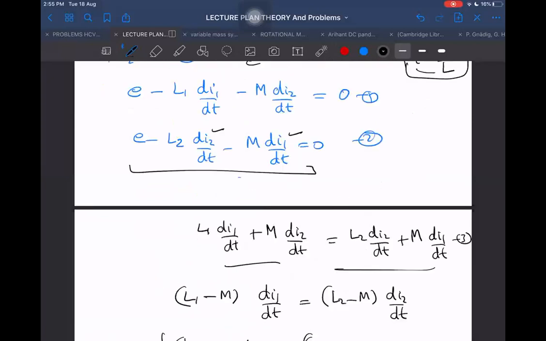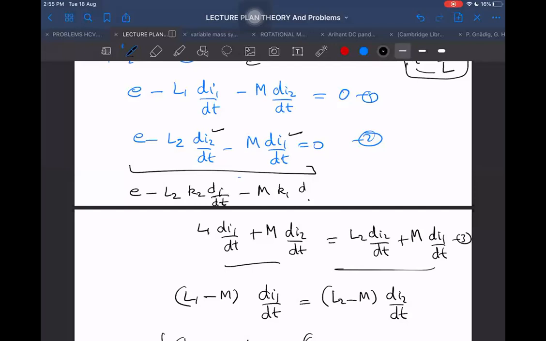This equation will transform into E minus L2 into K2 into di by dt, minus M into K1 into di by dt.